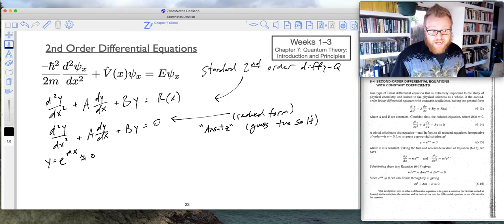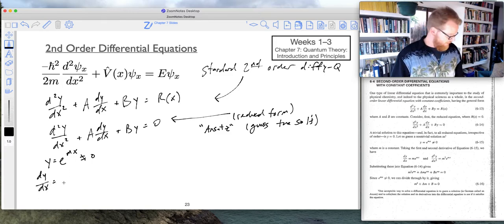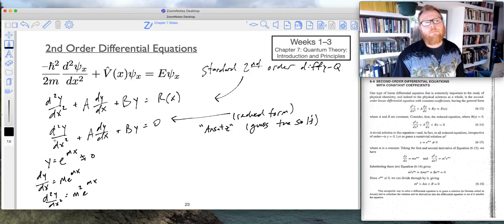Now what we want to do is take the first derivative of this. So dy/dx, and because we know m is a constant, that's going to be m e^(mx). And then the second derivative, we need to do that as well, is going to be m squared e^(mx). Now we want to plug our guesses back into our equation.